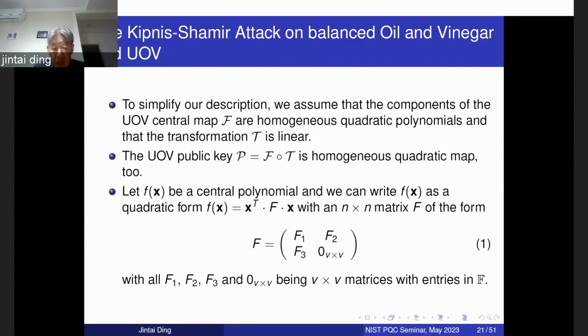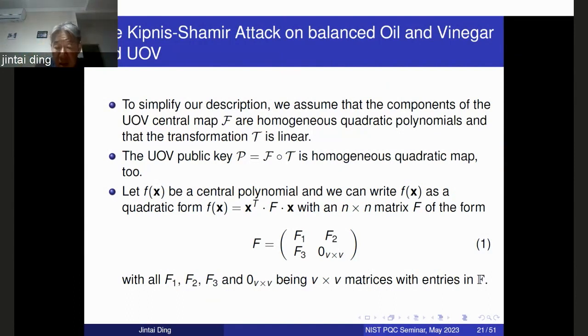We can write F(x) equal to x transpose F x, where x is the vector x1 to xn. Here we abuse the terminology a little bit and denote by F the matrix with blocks F1, F2, F3, and zero, of sizes v times v, v times o, and so on. The reason the lower right corner is equal to 0 is that we have no oil variable mixed with oil variable. This observation is very important.